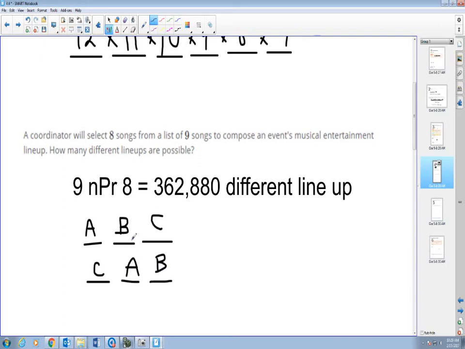This is actually a different lineup of songs. Which one's being played first, second, and third? So the order does matter.